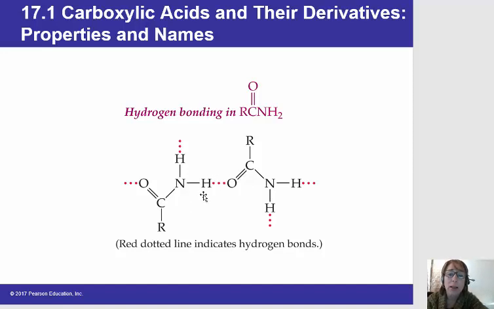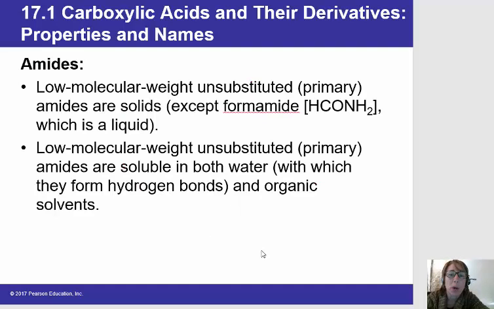And not only can they hydrogen bond, these hydrogens, which have a pretty partial positive, not only are they able to hydrogen bond with the nitrogen on another amide, they're also able to interact with the oxygen on that carbonyl. We want to remember that that carbonyl oxygen is a partial negative, and when hydrogen is directly bonded to nitrogen, oxygen, or fluorine, it's a really positive partial charge. So primary amides are able to effectively hydrogen bond.